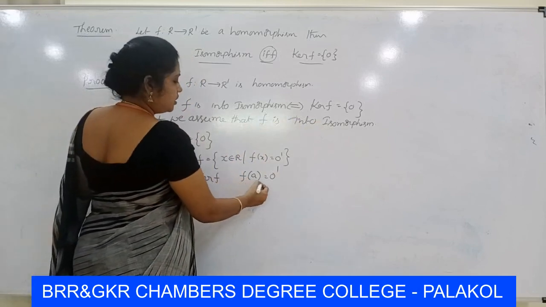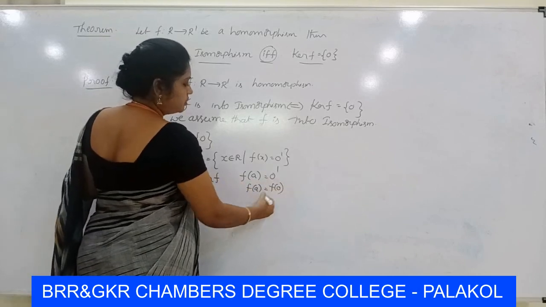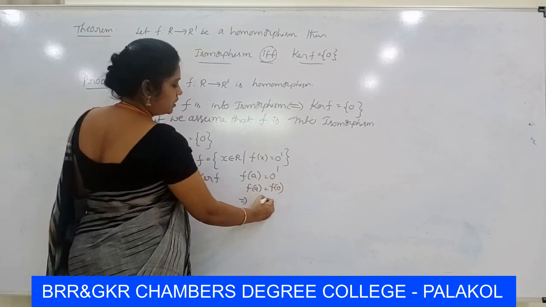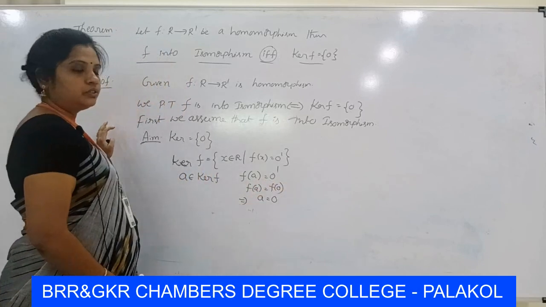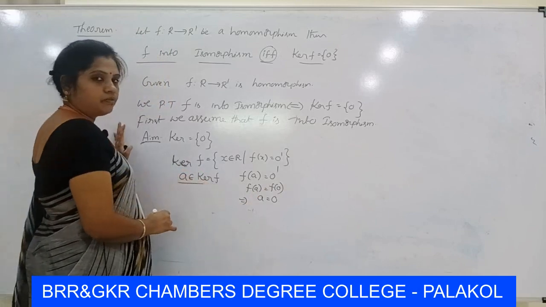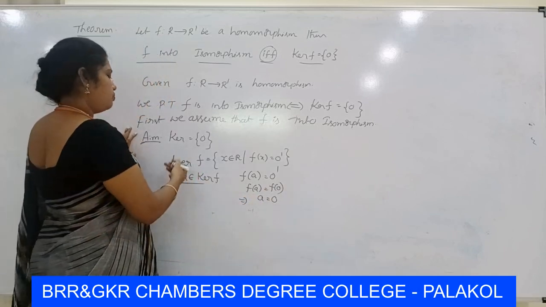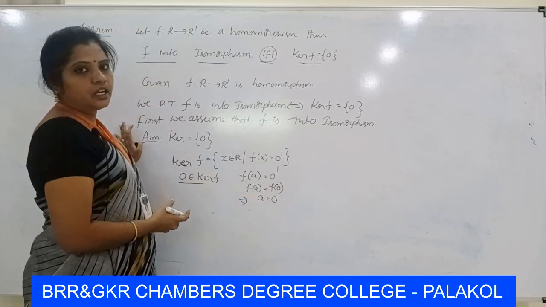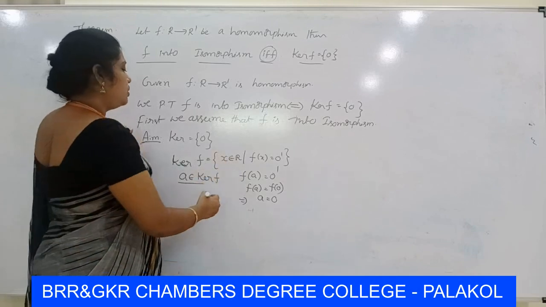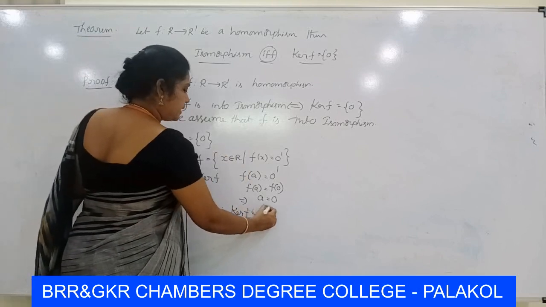That implies if f of a is equal to f of 0, the images are equal, then a is equal to 0. So if you take any element in kernel f, we get that it is equal to 0. Therefore, kernel f contains only the 0 element.